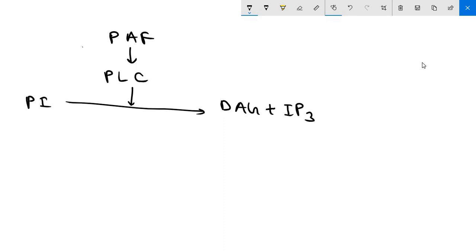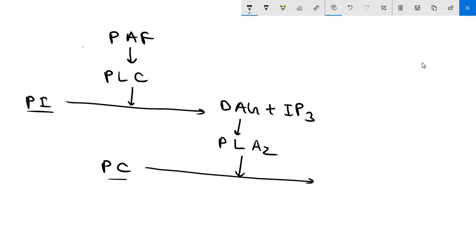This DAG activates phospholipase A2, and this phospholipase A2 will convert phosphatidyl choline into arachidonic acid. This is phosphatidyl inositol, this is phosphatidyl choline. And the cyclooxygenase enzyme converts arachidonic acid into PGG2/PGH2, which is a cyclic endoperoxide. Clear?